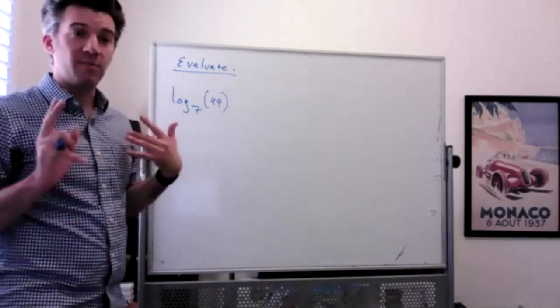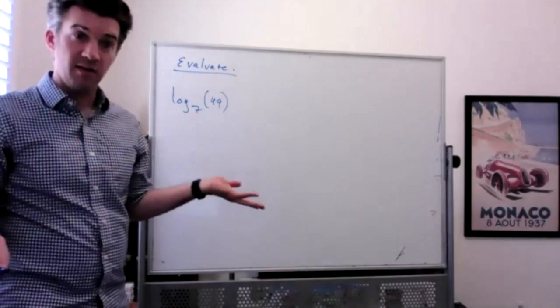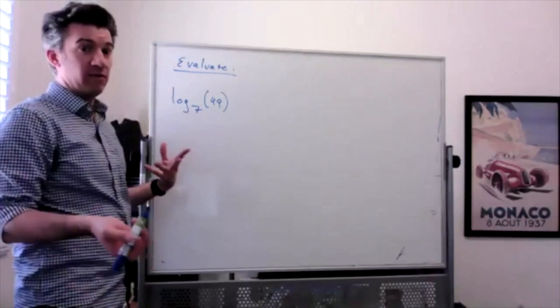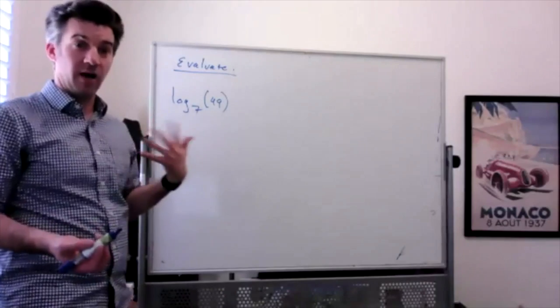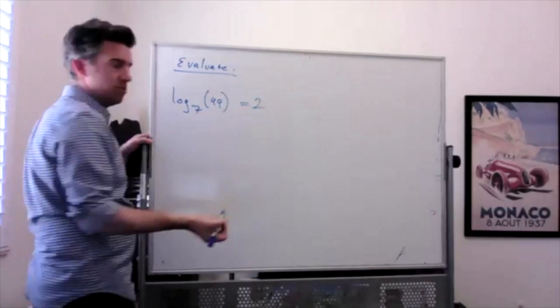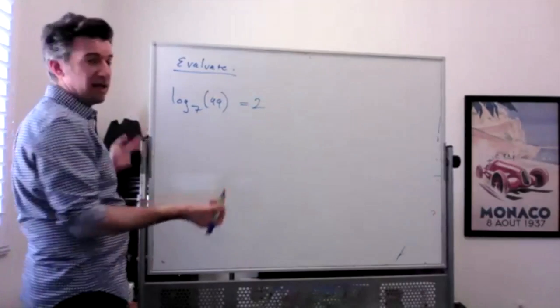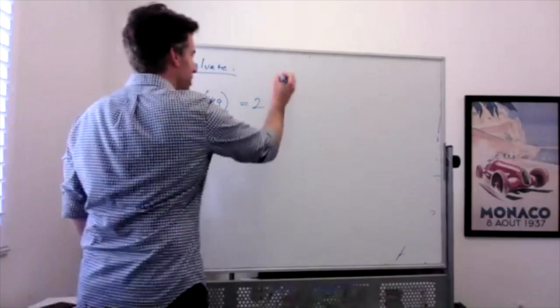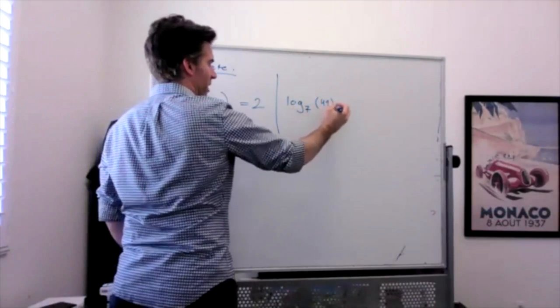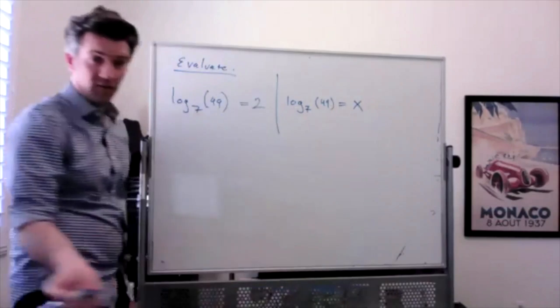Be careful. I've definitely seen people accidentally say the answer was 7 because they said, oh, 7 times 7 is 49. But we want 7 squared, or 7 to the second power equals 49. So you can either just say the answer is 2, great. Or if you didn't know right off the top of your head, you can say, okay, I'm not sure. So log base 7 of 49, I'm going to say it's equal to x because I don't know what it is.